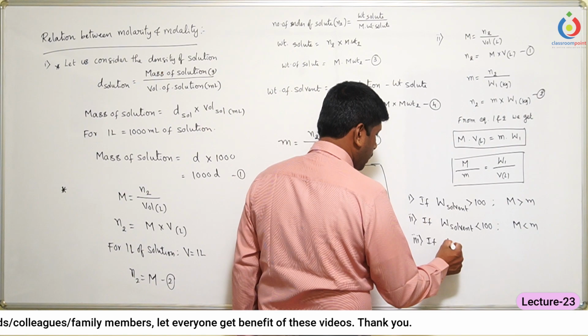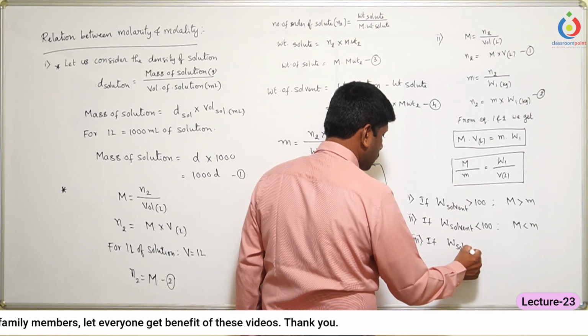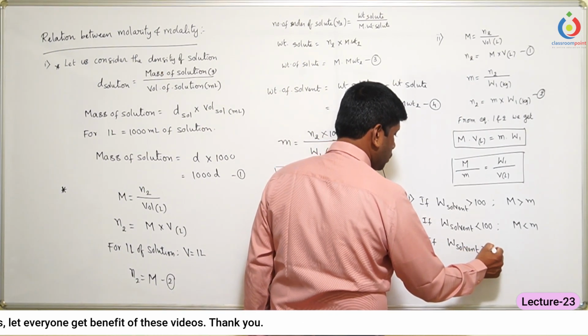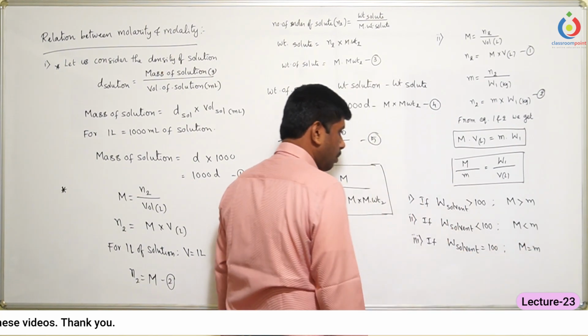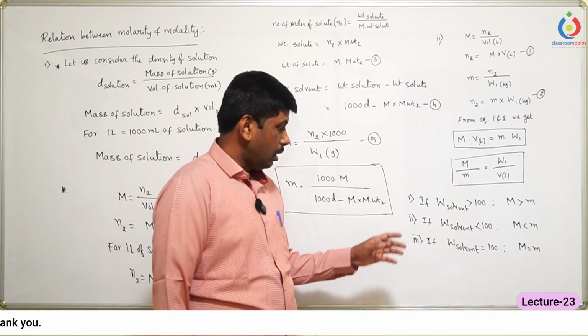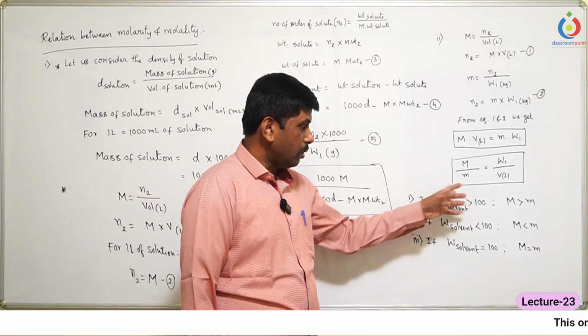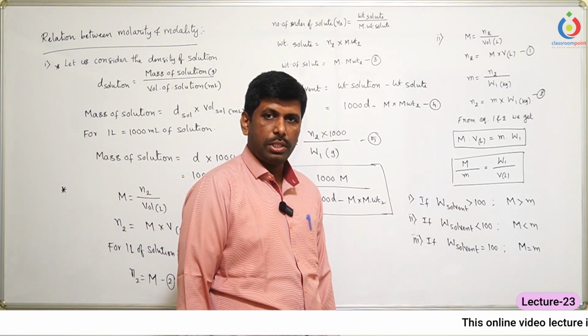And if the mass of solvent is equal to 100, then molarity is equal to molality. So let us see how we can get these relations by using one question.